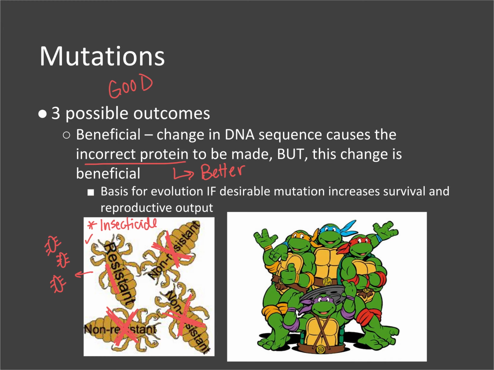And this is actually the basis for evolution. If the mutation results in some sort of beneficial trait that increases survival and reproductive output, it means that more individuals in future generations are going to have that beneficial mutation.